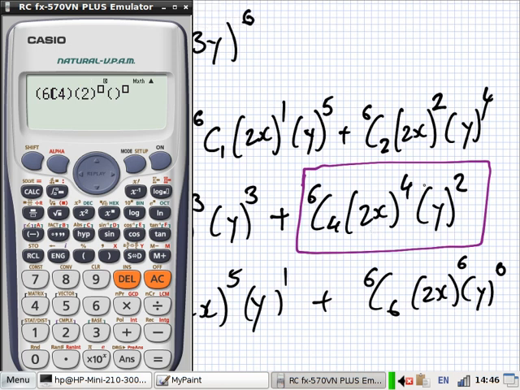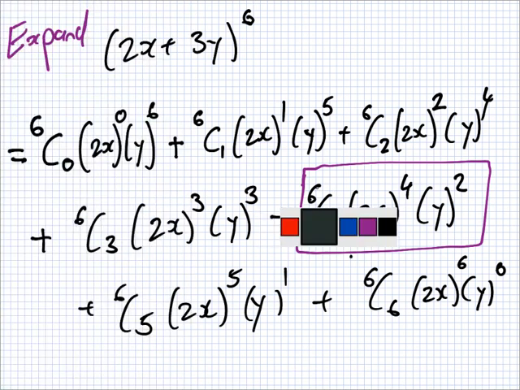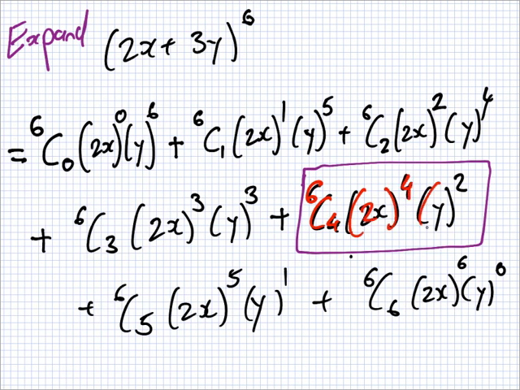So basically what I'm doing is I'm typing this but not typing the x and the y. I'm literally looking at this and I want to type 6C4, bracket 2, bracket 4, oh no sorry, there's a 1 here, so bracket 1, bracket 2, and I delete the x and the y on my calculator.